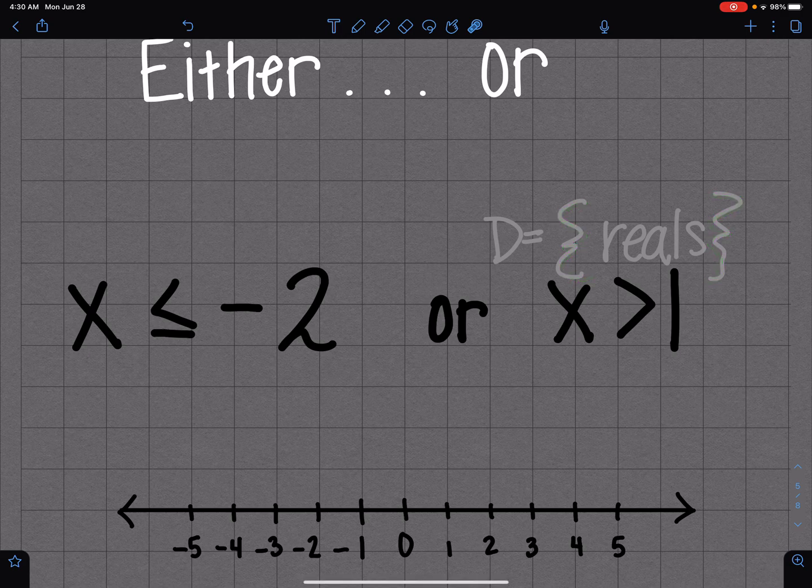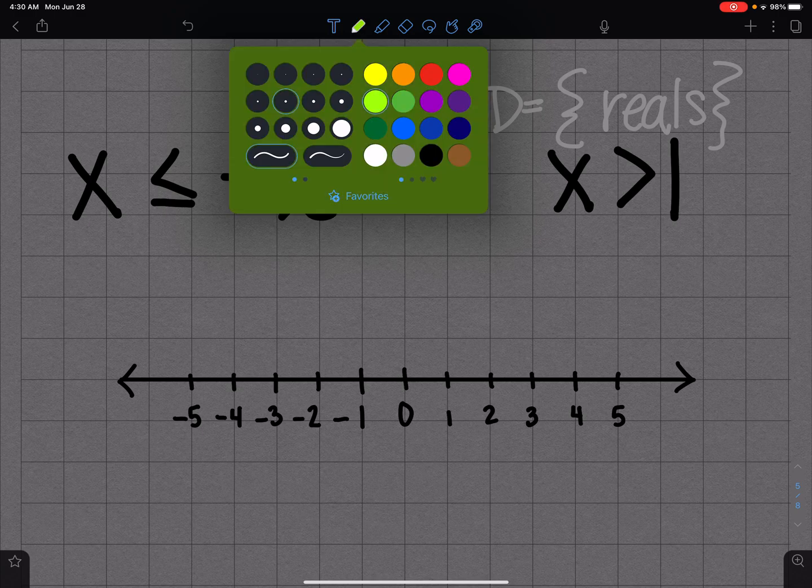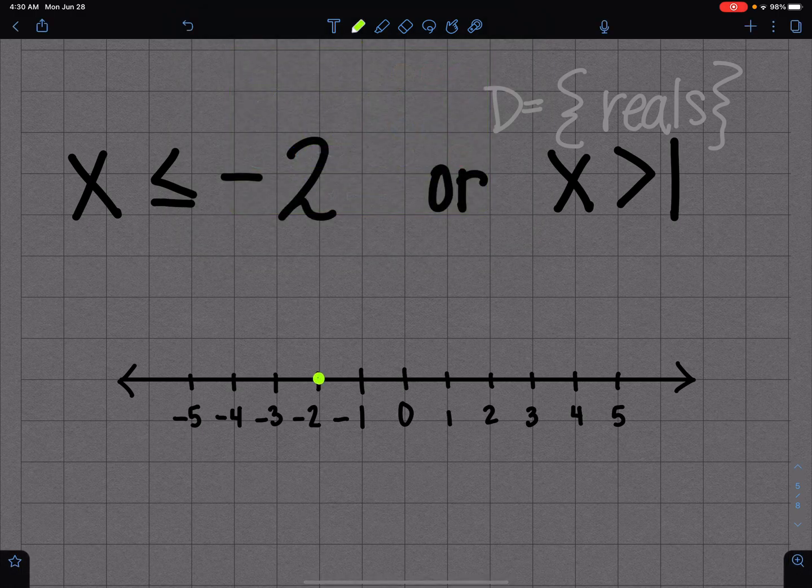Okay, so if we graph this, just to show you what it looks like, let's start with this: x has to be less than or equal to -2. So I'm going to put a dot here because it includes -2. And since the domain is all real numbers, not just the integers, I'm going to shade that way.